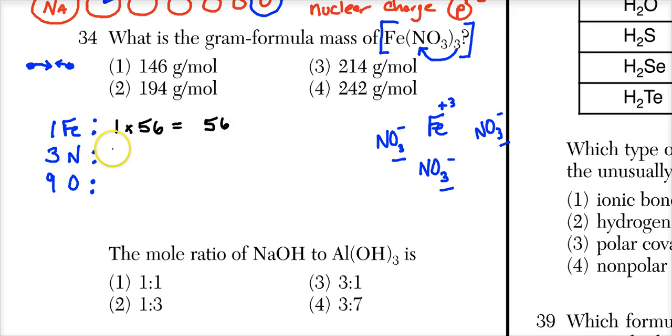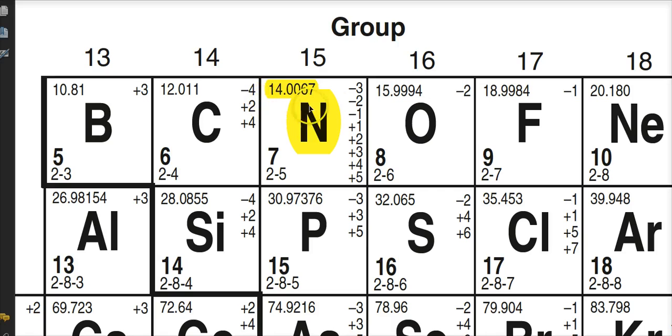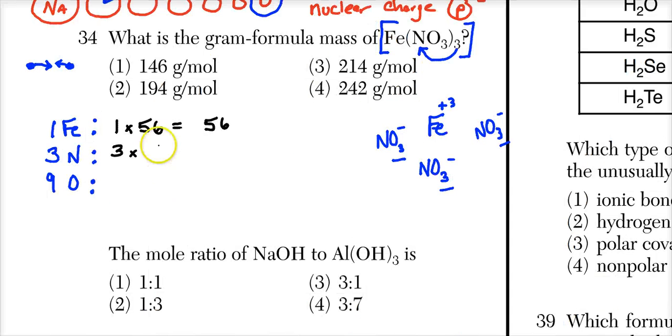Now I have 3 nitrogens, 3 times the atomic mass of nitrogen, and we can see 14.0067 is the relative atomic mass of nitrogen, which is also the mass per 1 mole of nitrogen atoms. So we round this to be 14. 3 times 14, and that gives me a grand total of 42.